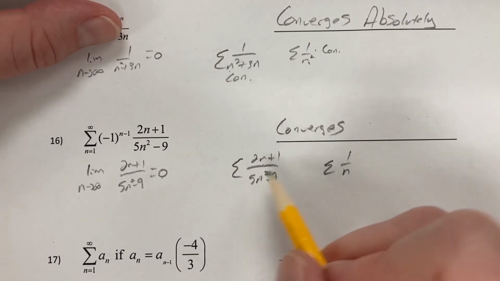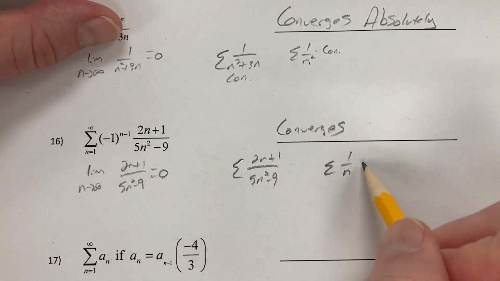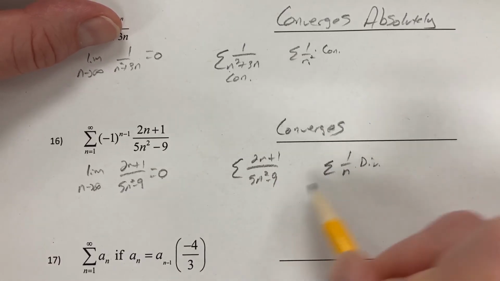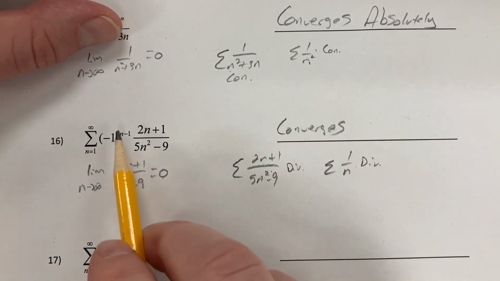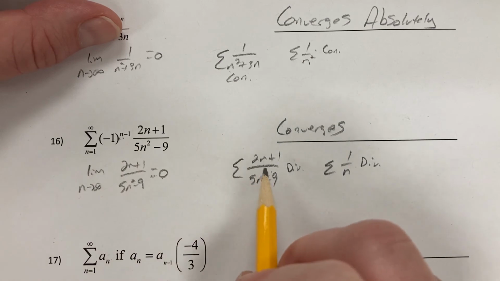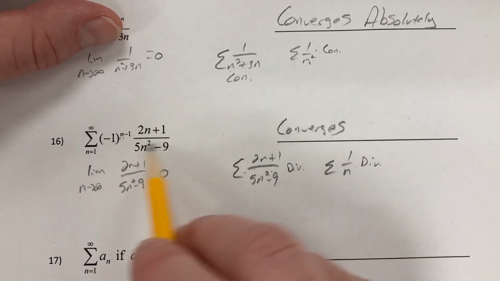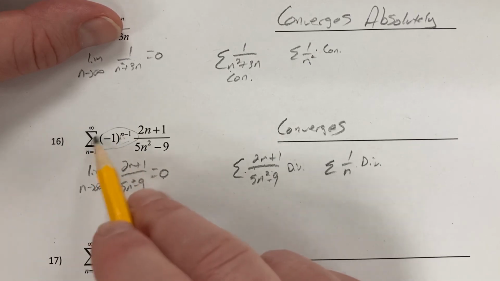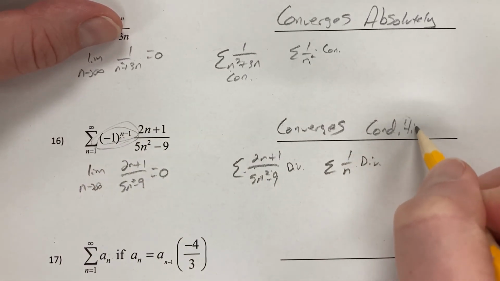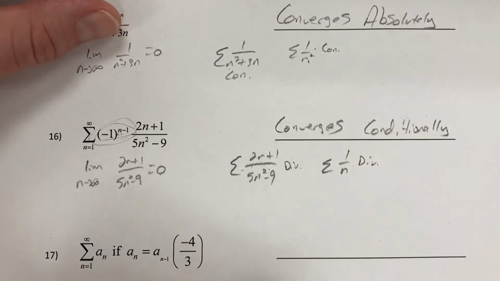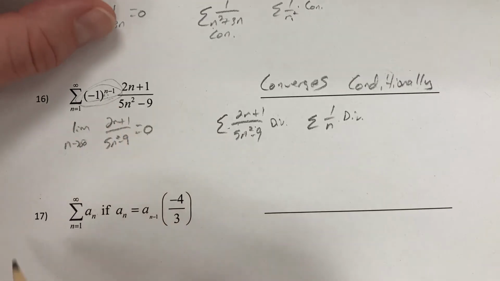And I can do a limit comparison test between these two and show that they're of the same magnitude. This is a divergent series, so I'll be able to show that this diverges. In other words, if the alternator had not been on this, this would have diverged. The only reason it converged is because of this alternator. And so therefore it converges conditionally. The only reason it converged is because of that right there.